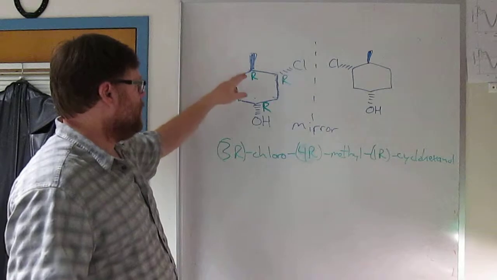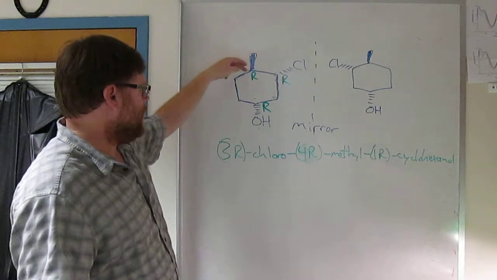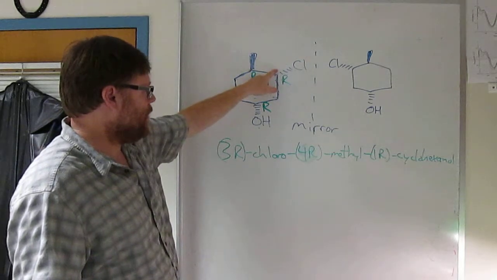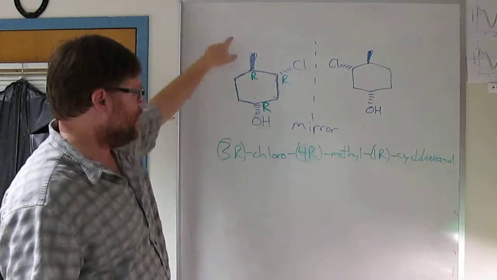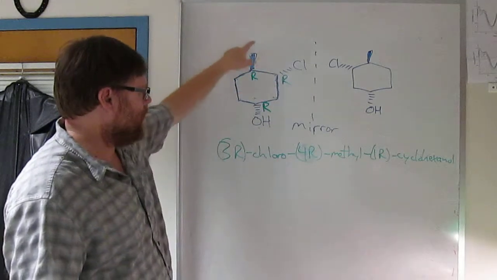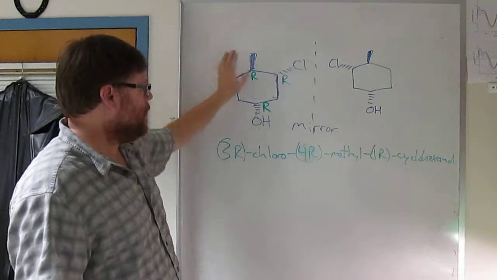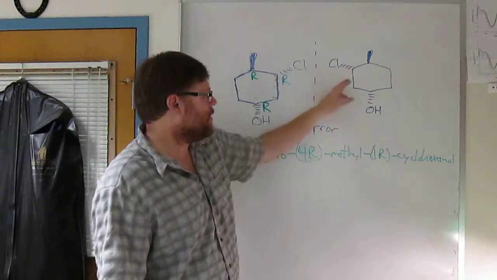so for example, on this carbon, the hydrogen is 4, it's away. The carbon with the chlorine is high, that's 2, that's 3, so you go 1 to 2 to 3, right? That's a clockwise circle, so it's R. When we reflect the molecule, and it doesn't turn, it reflects.